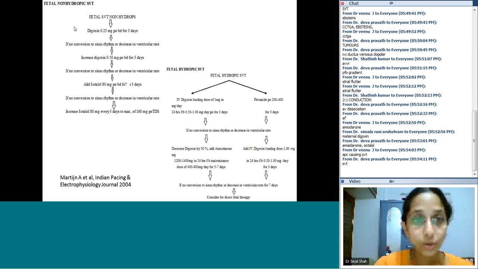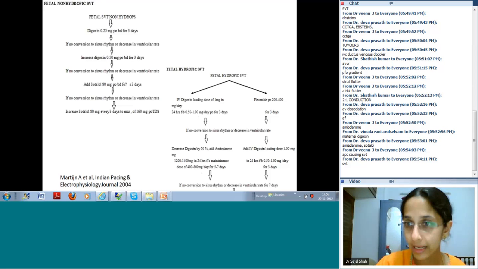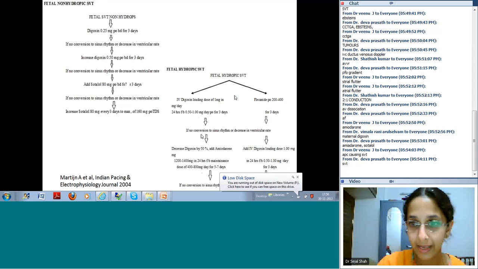The mother needs to be screened so that there are no side effects, and whenever there is a change in the therapy in terms of addition of a new drug or increase in the dose, the mother needs to be re-evaluated. So digoxin, 1 tablet BD, needs to be started, and we need to wait for at least 3 days. In absence of hydrops, the response is usually obtained in 48 to 72 hours. In contrast, when there is hydrops, the response can take as much as 7 days, where IV digoxin is considered to be the first line of management, and if it doesn't work, then Cordarone can be considered.